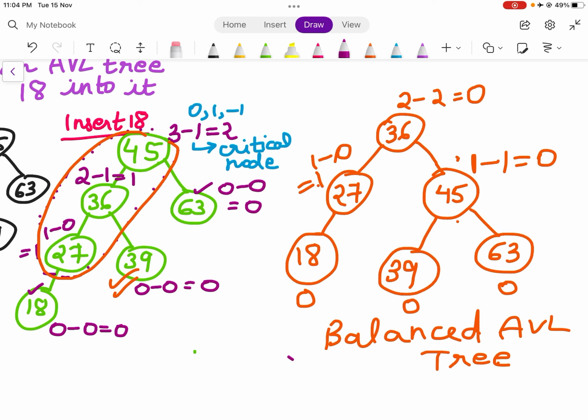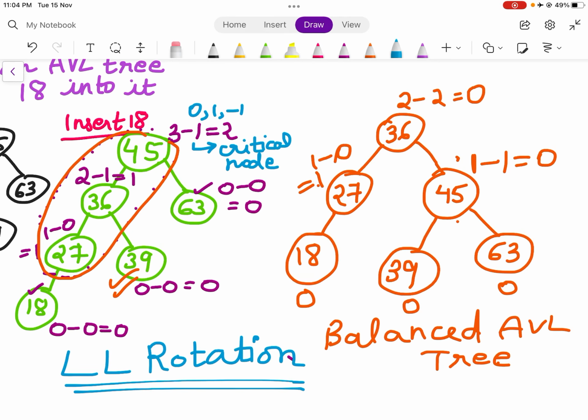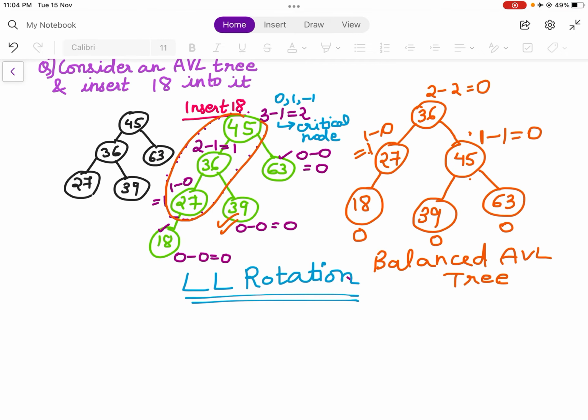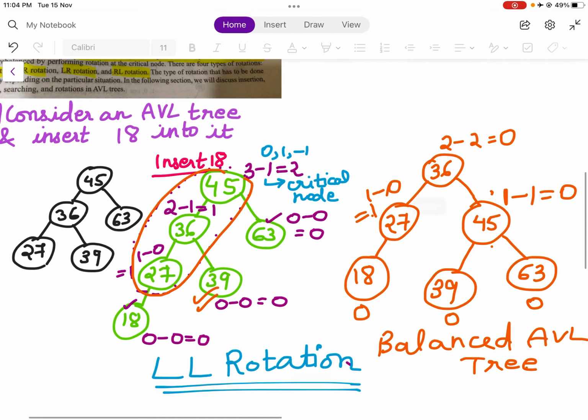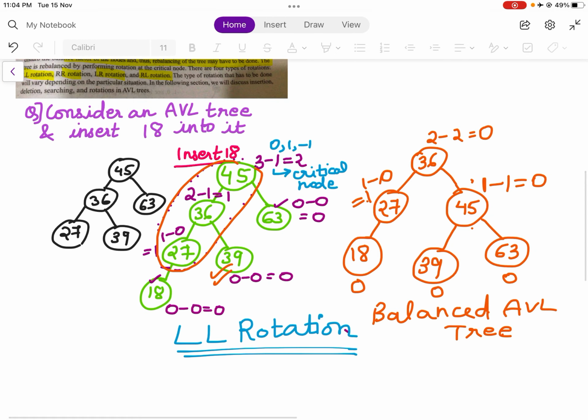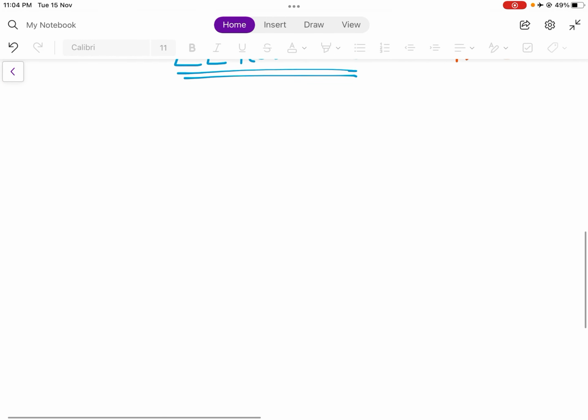Which rotation have we performed? We have performed the left-left rotation. We will see the next example for right-right rotation also. So I hope this is clear. This was the left-left rotation.